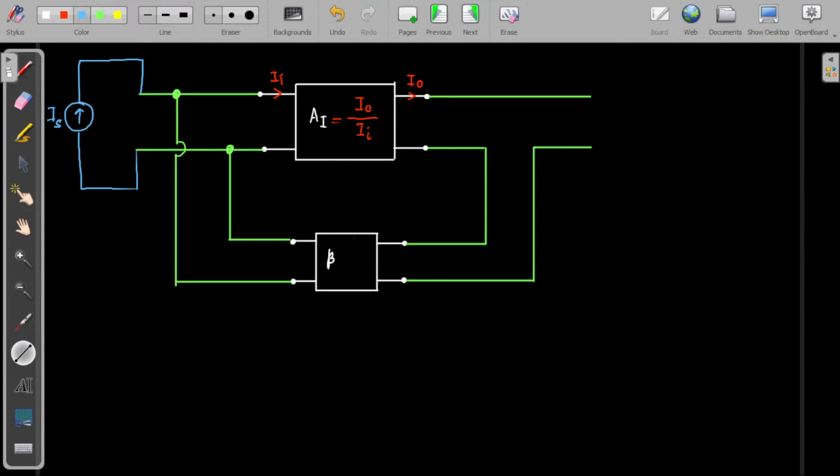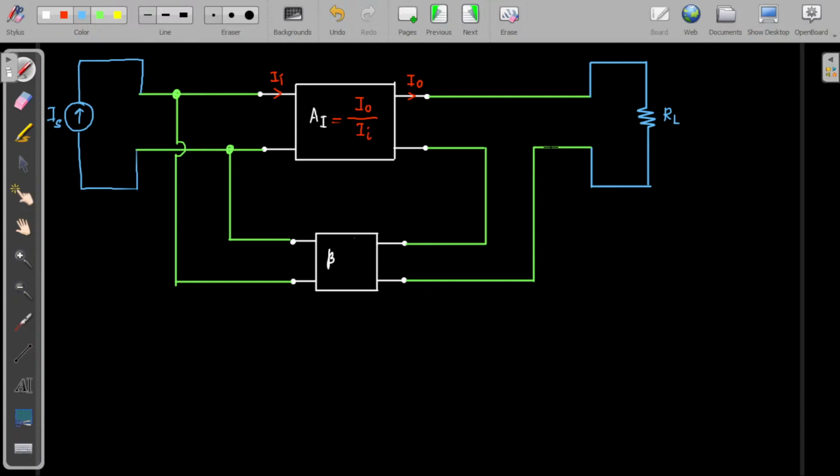And here you will have a load. So I am connecting the load here. So this is the load, and the load is your RL.